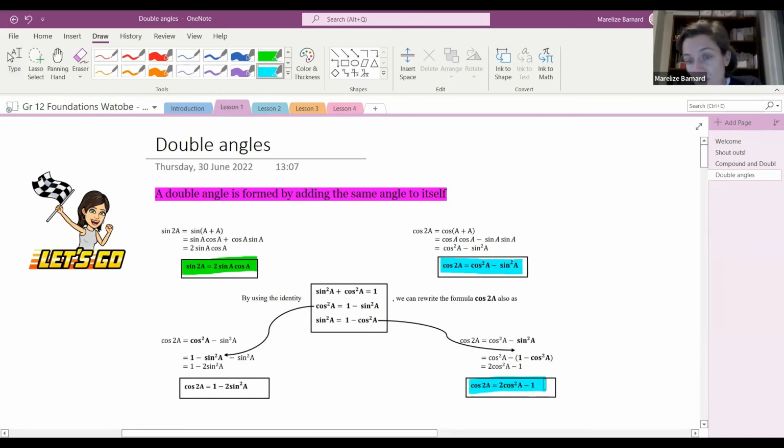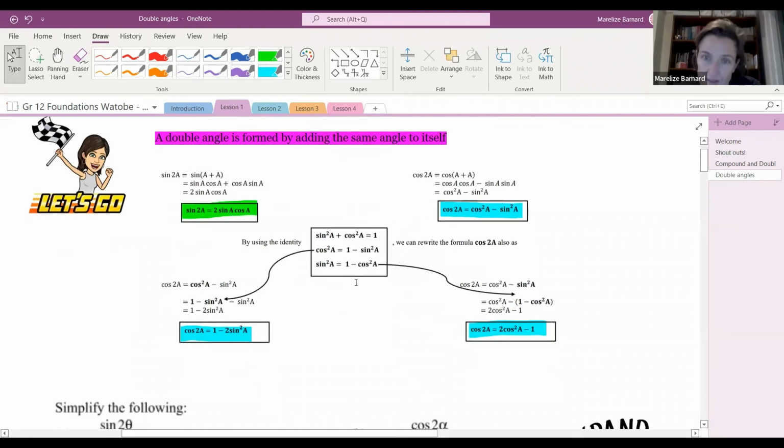It can be 2 cos squared a minus 1, or it can be 1 minus 2 sine squared a. Okay, so those are the three different ones. And the trickiest part is probably knowing which one to use for cos of 2a. But if you practice lots and if you work through a lot of past papers, you will get the hang of it. Okay.